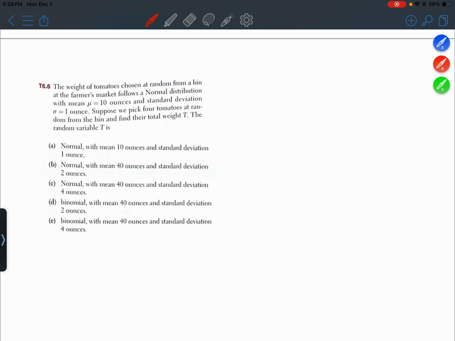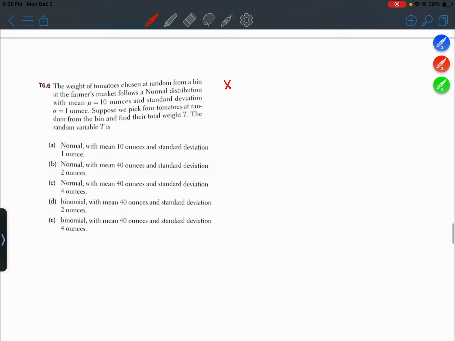Okay, so let's define a couple different variables. I'm going to say X1 is the weight of the first tomato. X2 will be the weight of the second tomato. X3 will be the weight of the third tomato.